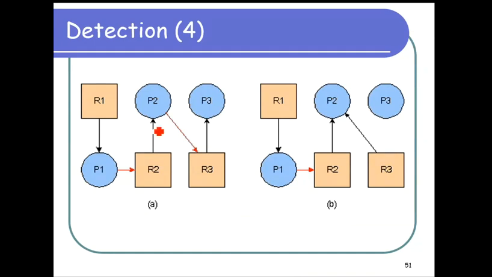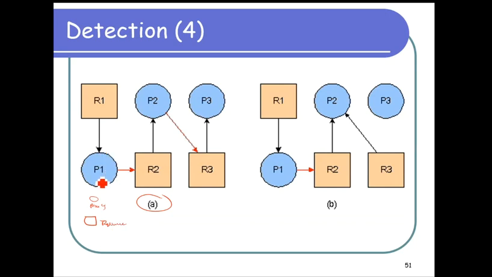In A, this circle is a process. A circle is a process, and a rectangle or square is a resource.